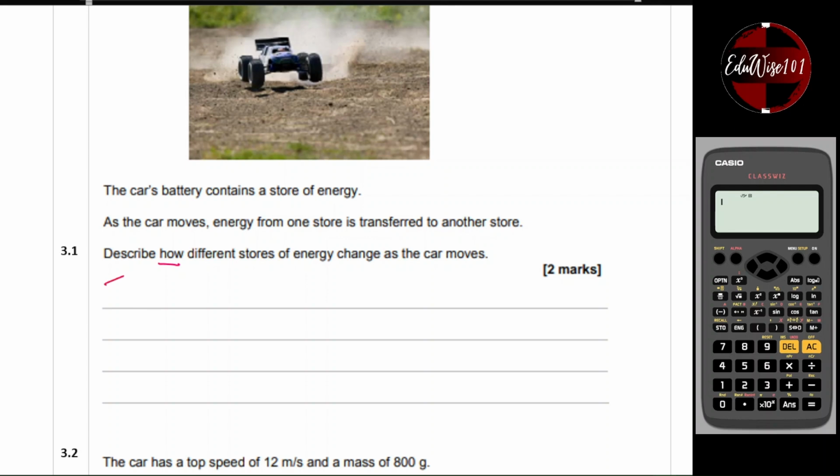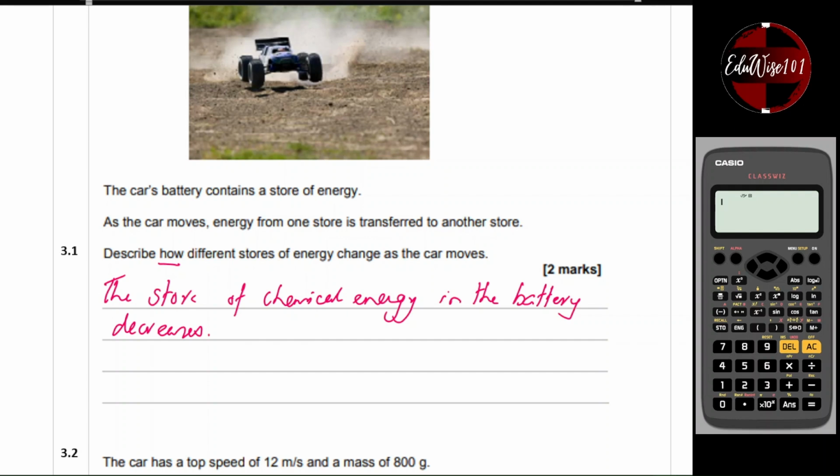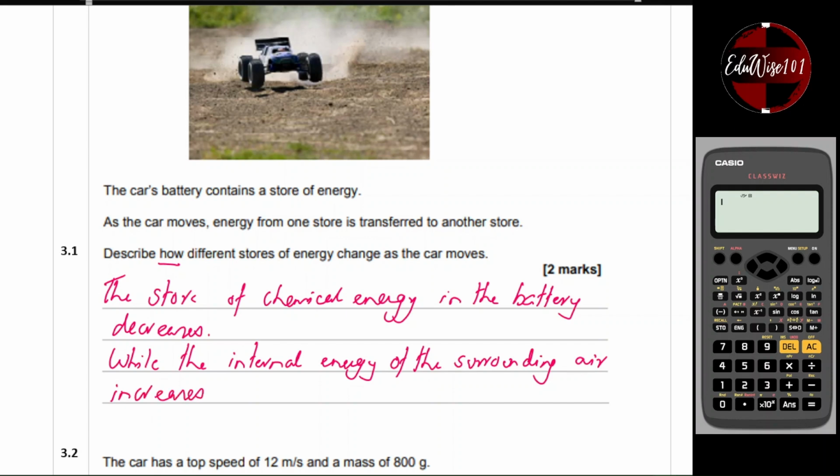So the store of chemical energy in the battery decreases, while the internal energy, or the thermal energy, of the surrounding air increases.